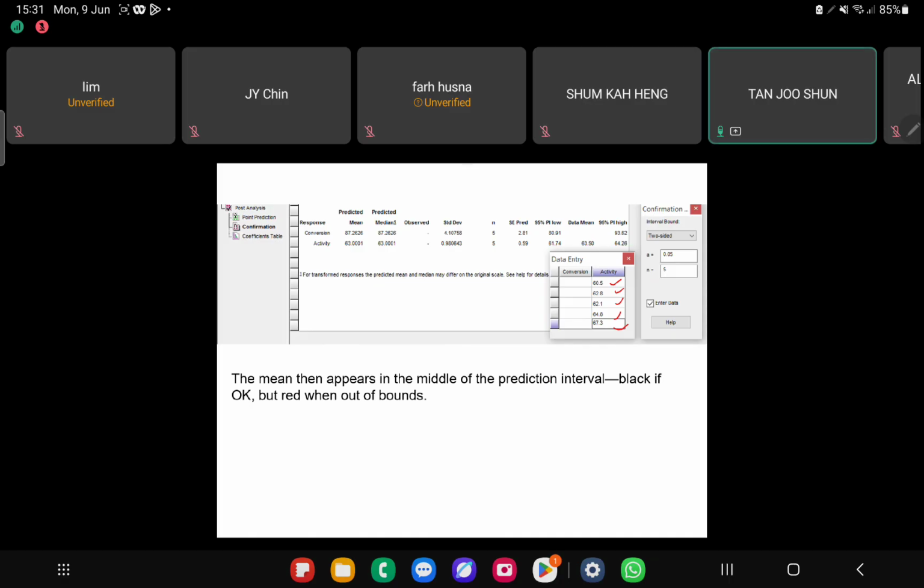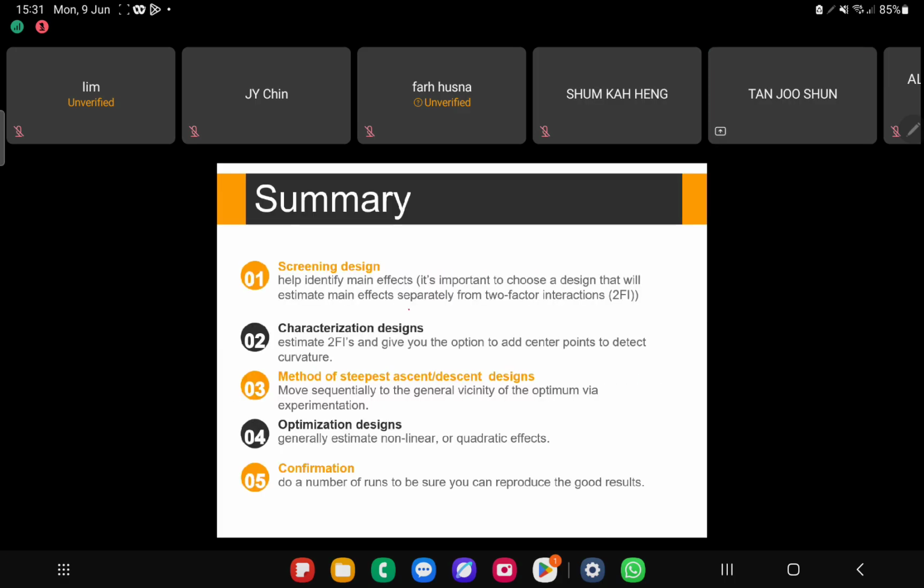Whether it is just a 10% difference or 5% difference, then your model is good. Okay, the summary is you do the screening, characterization, method of steepest ascent, optimization, then final confirmation. This is important, this part.